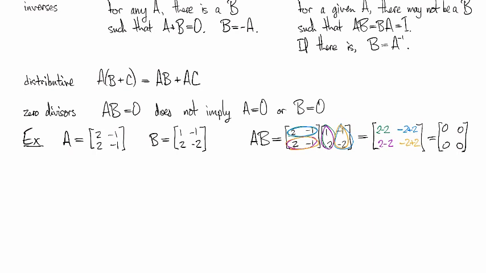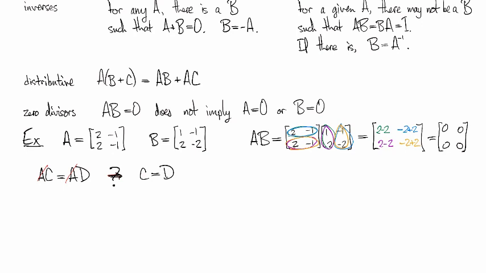Okay, so this has some maybe unexpected side effects. For instance, we're also used to thinking that if you have, say, AC equals AD, you can cancel, and from that get that C is equal to D. So, is this still true?